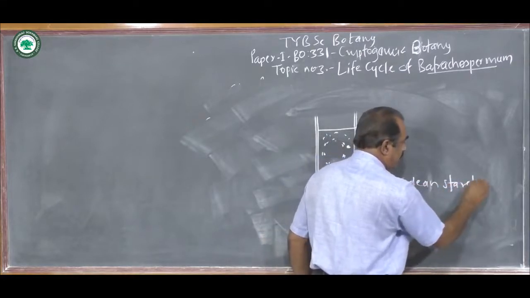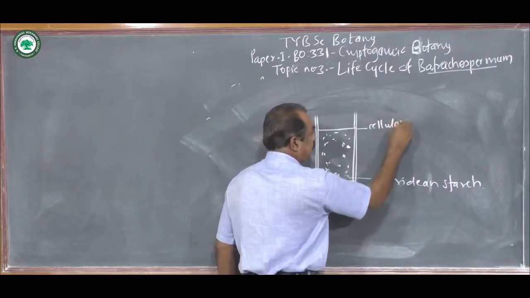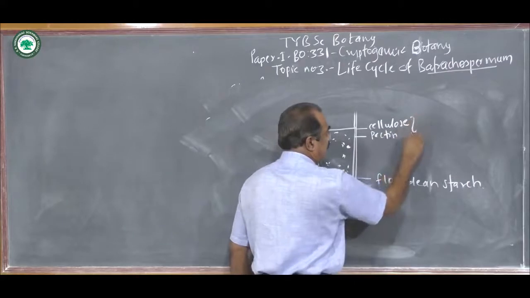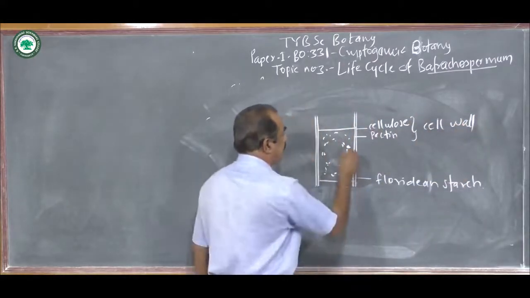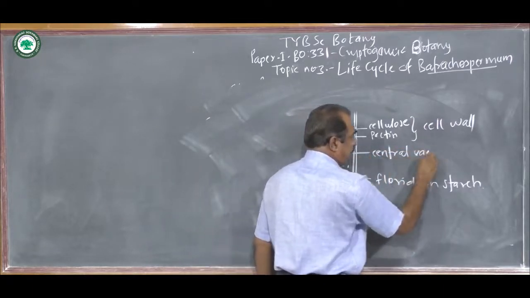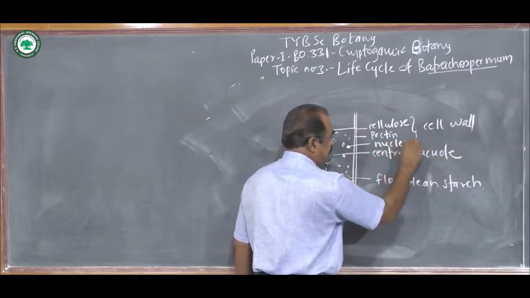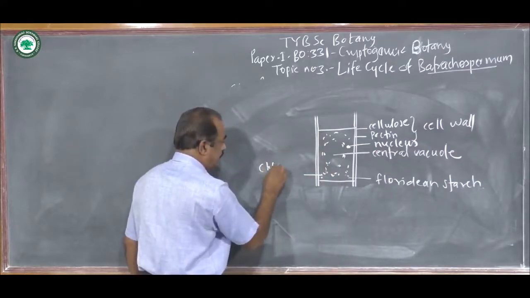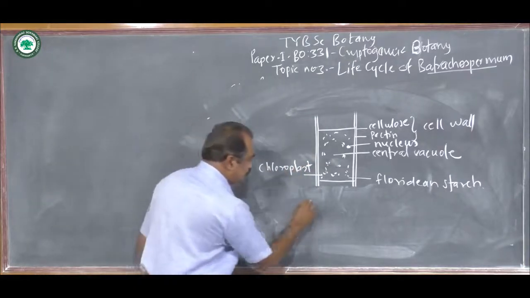This is the food material called Floridian starch. The outer wall is formed by cellulose, while the inner wall is formed by pectin, and combinedly it is called the cell wall. Central vacuole, nucleus, chloroplast, and other pigments are there. So this is the cell structure.